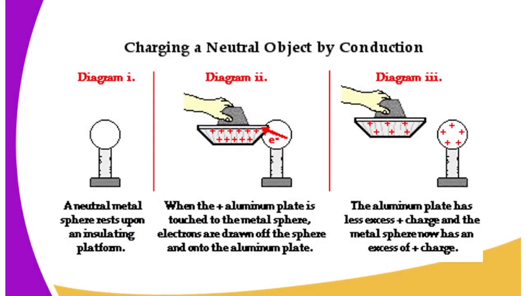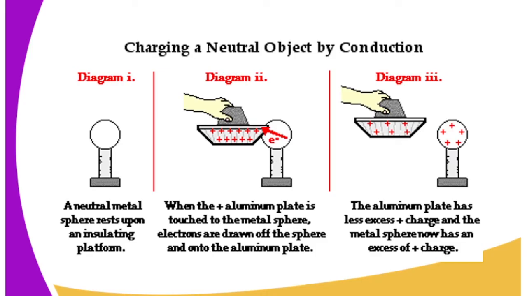Next we have charging an object by conduction method. In conduction method we have an earthing. It involves whereby we are going to earth the electrons from the object. Consider the situation there. We have a neutral sphere. So what happens when we bring a positively charged object before the sphere, and we have an earth, and in this case our earthing is going to be the hand.